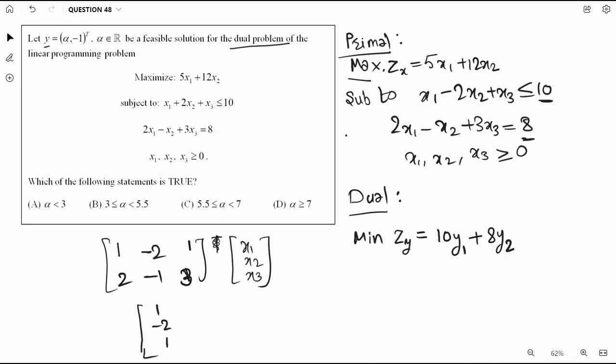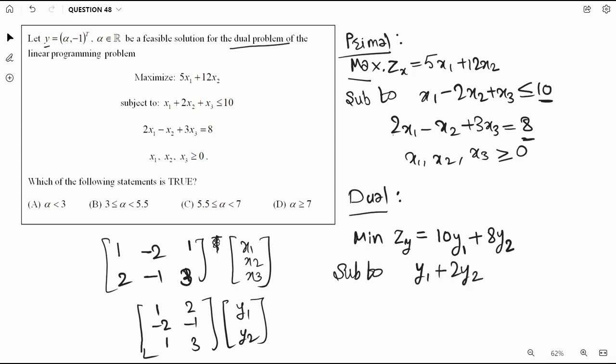Here we had only two constraints, but in the dual we are going to get three constraints: 2, minus 1, 3, and the variables y1, y2. Now multiply this, we get subject to y1 plus twice y2. Let us write the right hand side afterwards. Second is minus twice y1 minus y2, and third is y1 plus thrice y2.